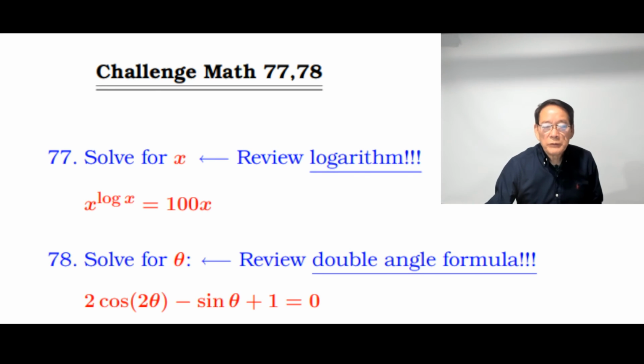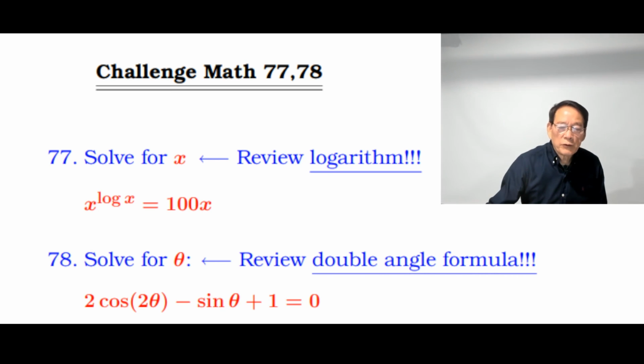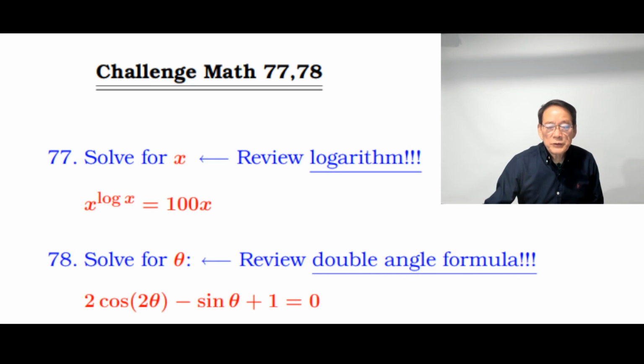You need to review logarithms to handle these problems. Question number 78: for theta, 2 cosine 2 theta minus sine theta plus 1 equals 0. For this problem, you need to review the trigonometry double angle formula.